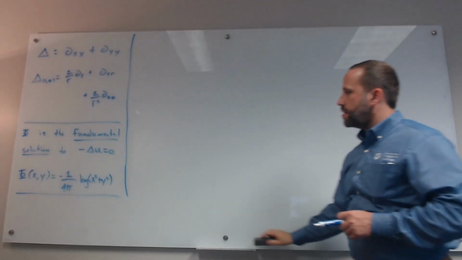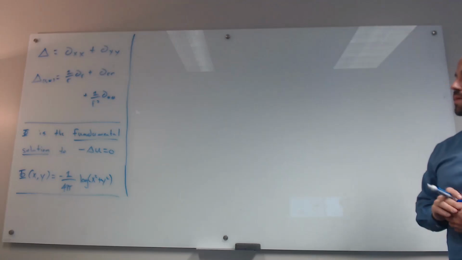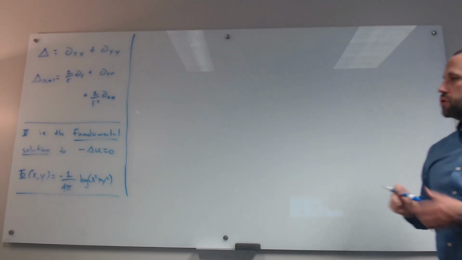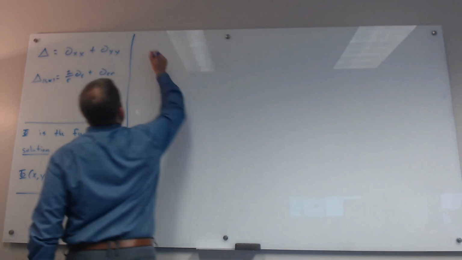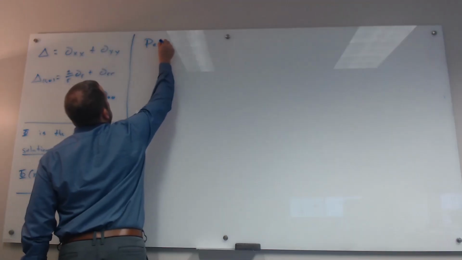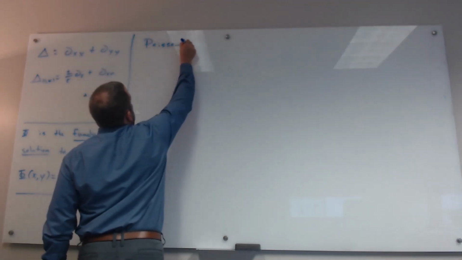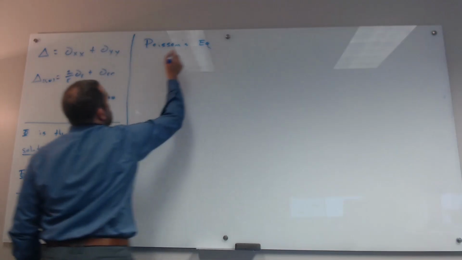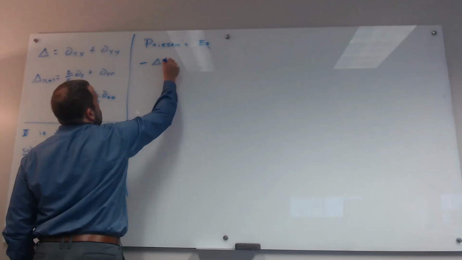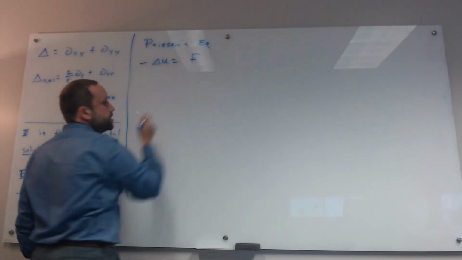I'm actually kind of explaining this maybe in a different direction than you might be used to here. So Poisson's equation is minus Laplacian of u is equal to some known function f.